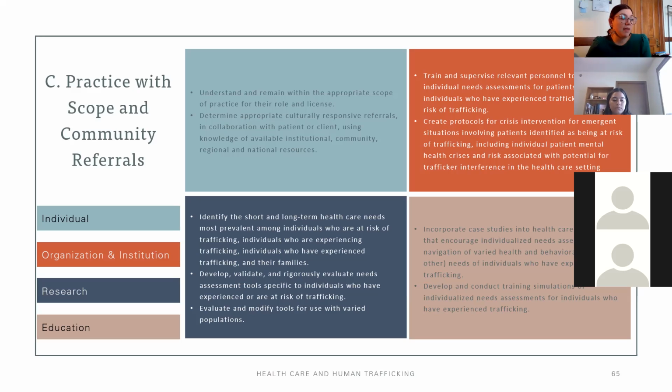And then develop, validate, and evaluate needs assessment tools. Again, a lot of this is repeated from the last slide. And then incorporate case studies, again very similar to the last slide, that navigate those behavioral and health needs, and conduct those simulations, those role play situations, on the scope and community referrals.